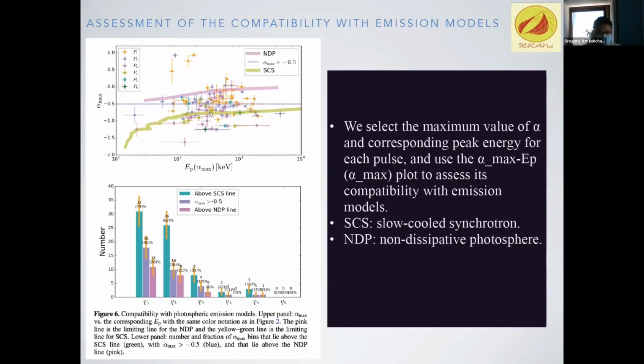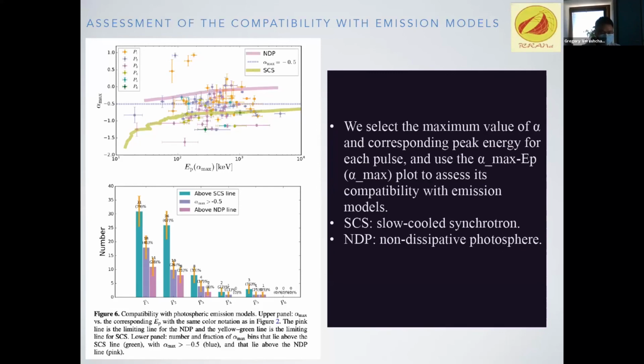This line is the simulation by the Borges paper 2015, and this line is alpha equal to minus 1.6, for a fast cooling synchrotron.